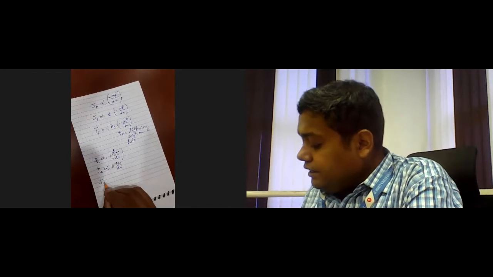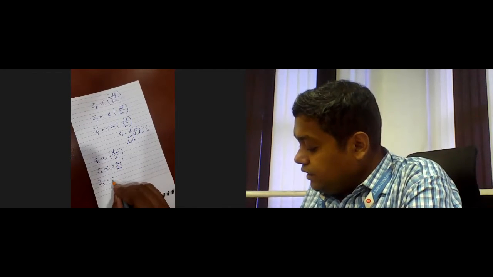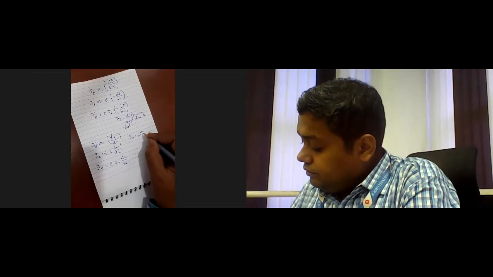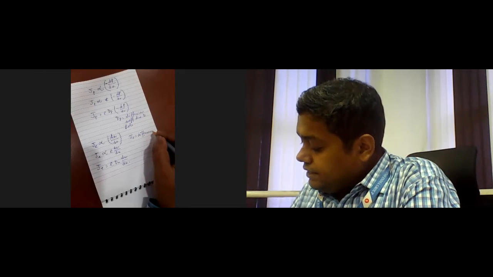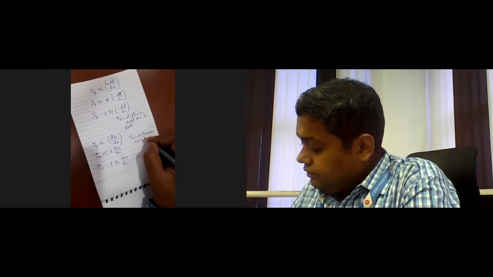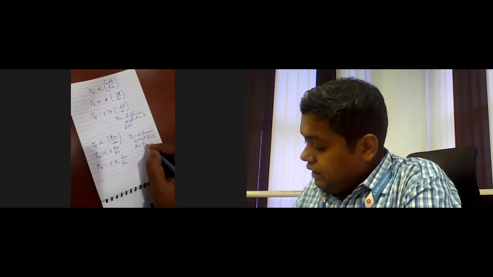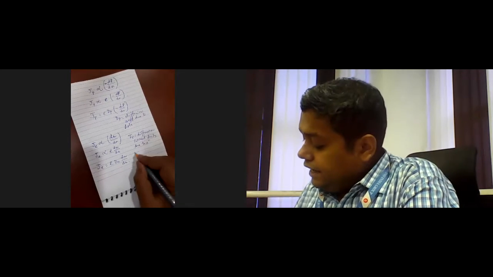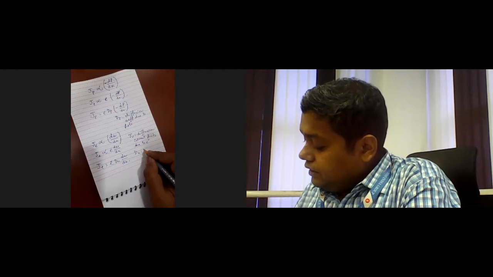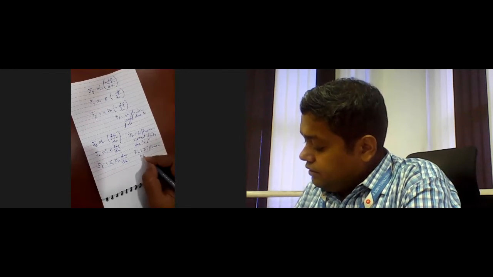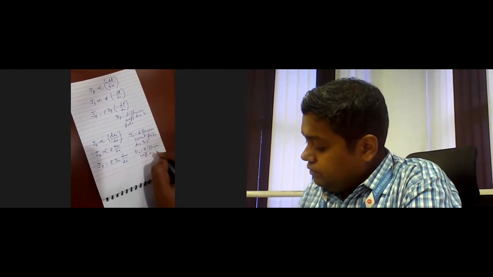So Je is equal to E into Dn into dn by dx. This Je is the diffusion current density due to electron, and Dn is the diffusion coefficient due to electron.